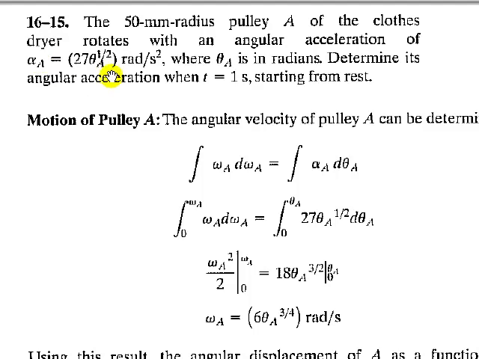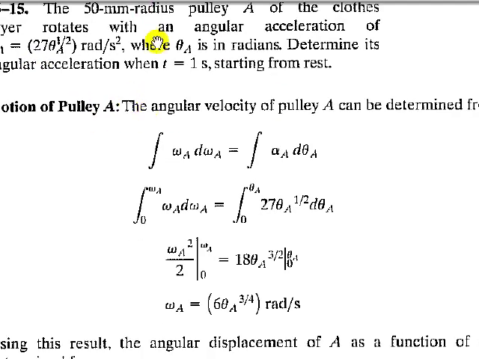So given A of theta, we're almost certainly going to go to the alpha d theta equals omega d omega form of the equation, and we are. So alpha d theta equals omega d omega, but alpha is 27 theta to the 1/2 power. We make the substitution of this for alpha, putting in d theta there.